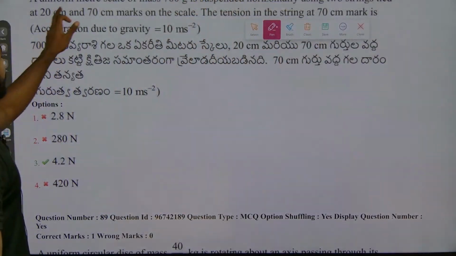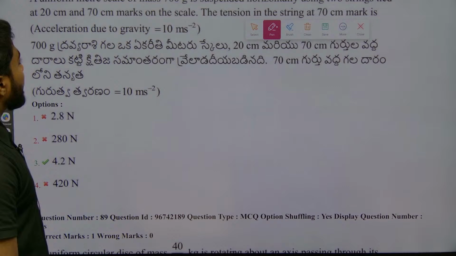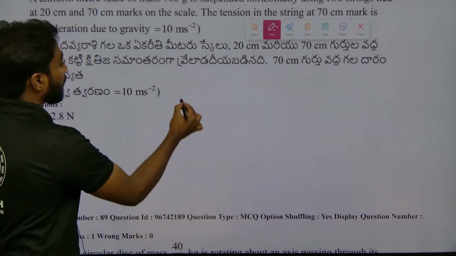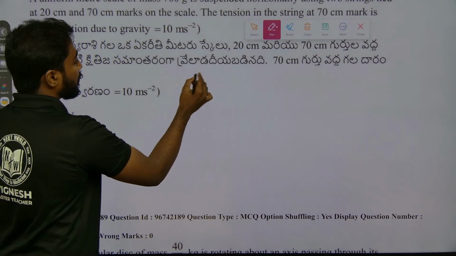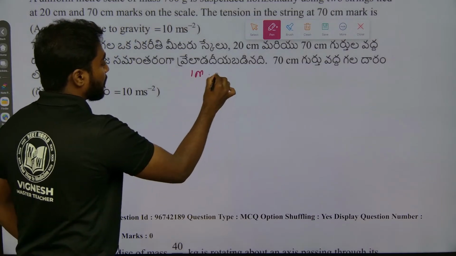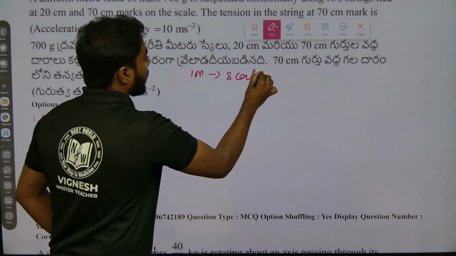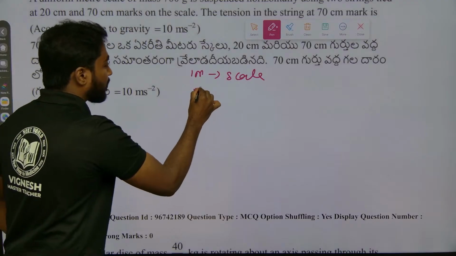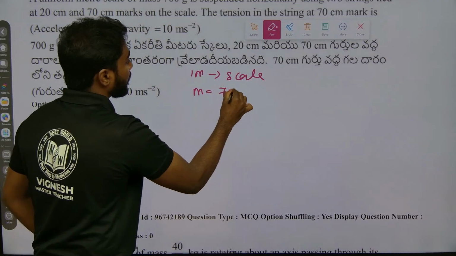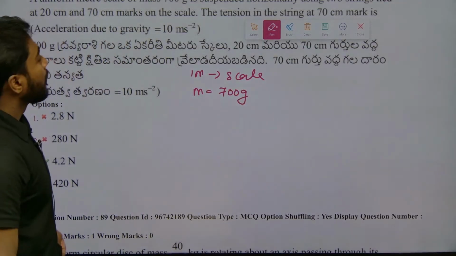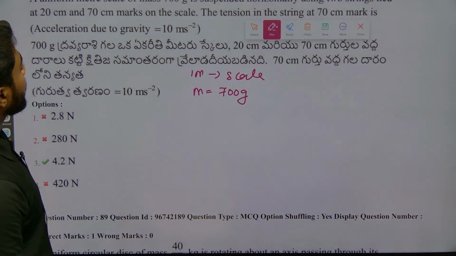Yes, a uniform meter scale of mass 700 gram. Okay, meter scale, it is 1 meter scale that is given. How much mass is there? Mass is equals to 700 gram. Okay, then what are the things they have given?